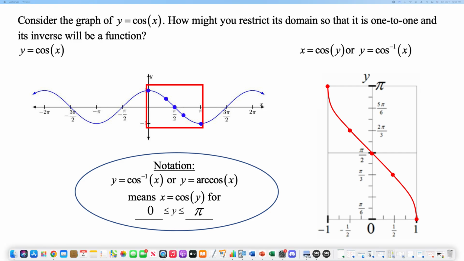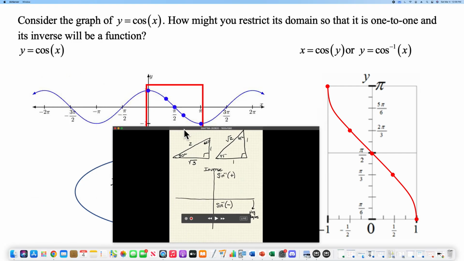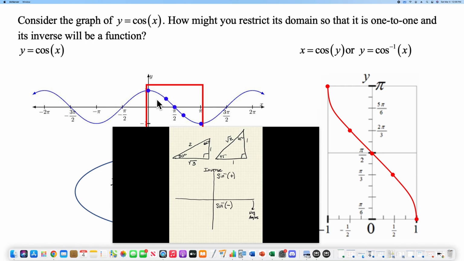Let me go get that graph again. 0 to pi, that's quadrant 1. So let's add to our list: inverse cosine, positive argument in quadrant 1, but inverse cosine of a negative argument is going to put us in quadrant 2. That's the pi over 2 to pi right here.